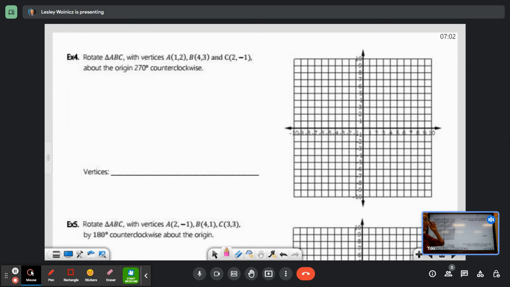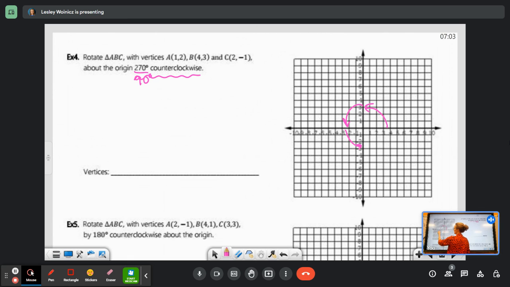All right, we do not have a rule for rotating 270 degrees counterclockwise. But if you take 270 and divide it by 90, you're going to get 3. So 270 is basically 3 90-degree angles. 1, 2, 3.